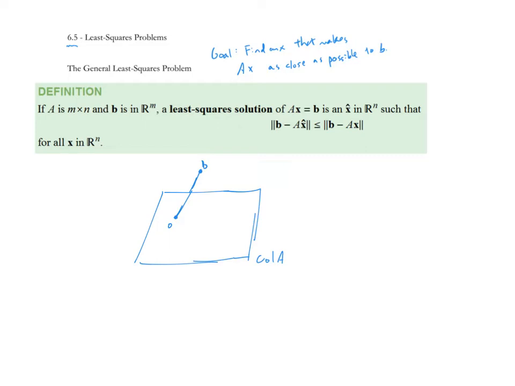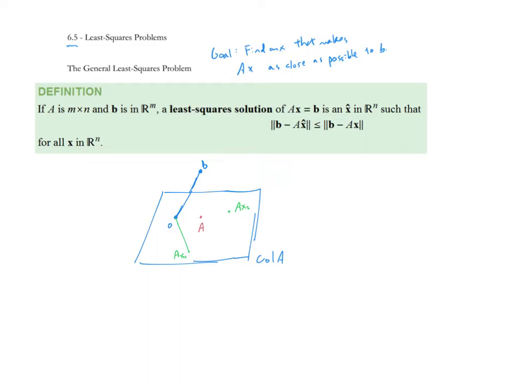Okay, but within the column space, there's some vector over here that might be represented as A x1. There might be some vector over here that is A x2. There might be some vector somewhere else that's A x3, but there is a vector in the column space that's going to be right there.